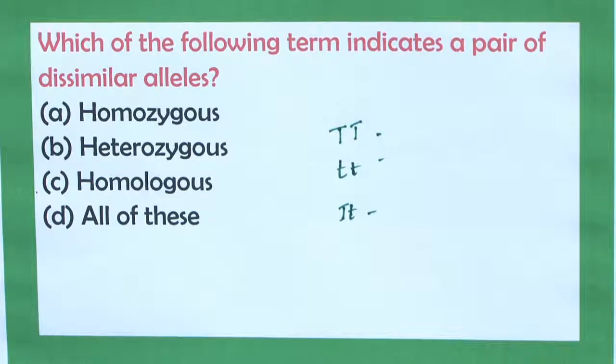In this question, which of the following terms indicates a pair of dissimilar alleles? Option A, homozygous condition. Option B, heterozygous condition. Option C, homologous. Option D, all of these.